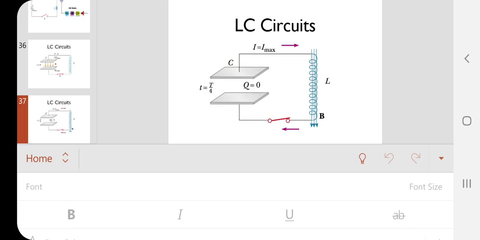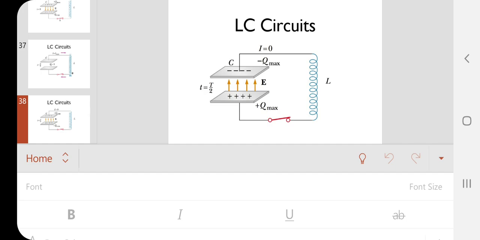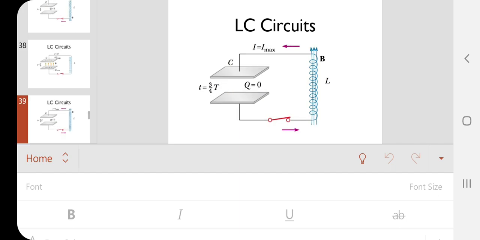Here the frequency of oscillations is 1 by 2 pi root LC, used for different oscillators like the Colpitts oscillator and the Wien-Bridge oscillator. So this tuned circuit provides the phase shift also in oscillator circuits.